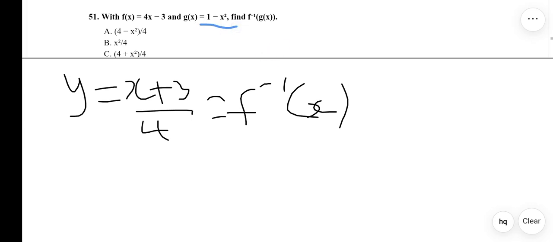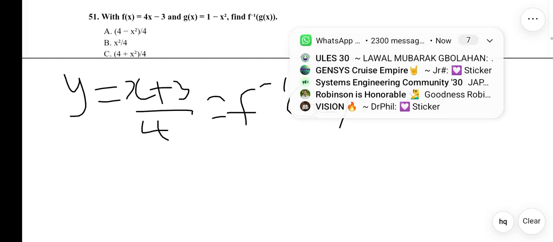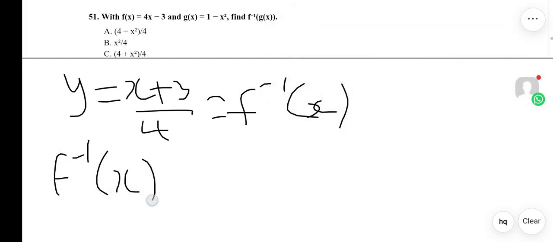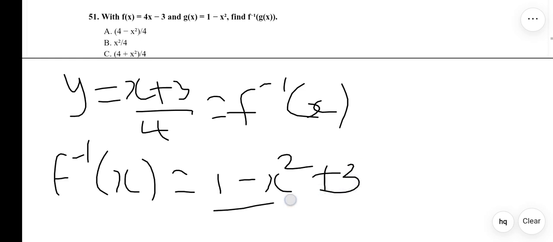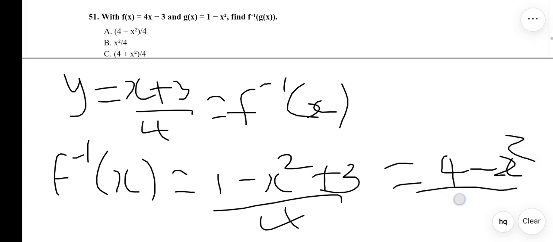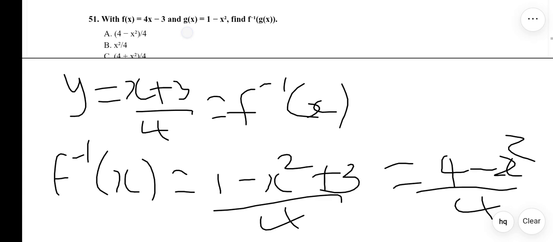So with this now, I'm going to find this f inverse of g of x. I'm replacing my x input with 1 minus x squared, then plus this 3 all over 4. So 1 plus 3 will give me 4, with this minus x squared, then all over 4. That amounts to option A.